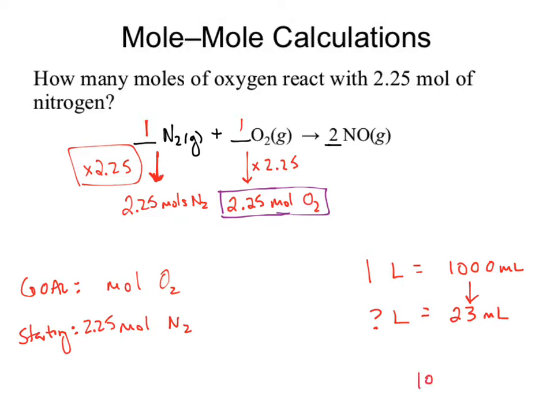Okay, so I start with 1,000 times something gets me 23. How do I do that? What is x? Times 23 by 1,000. To make that transition, what do I have to do over on the other side? Times 23 over 1,000.